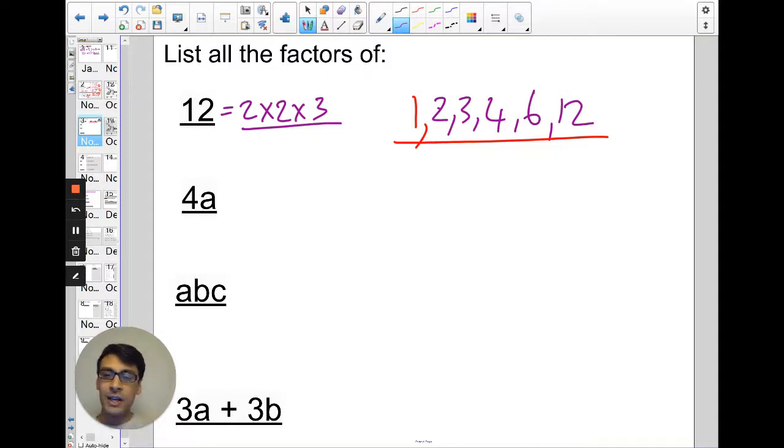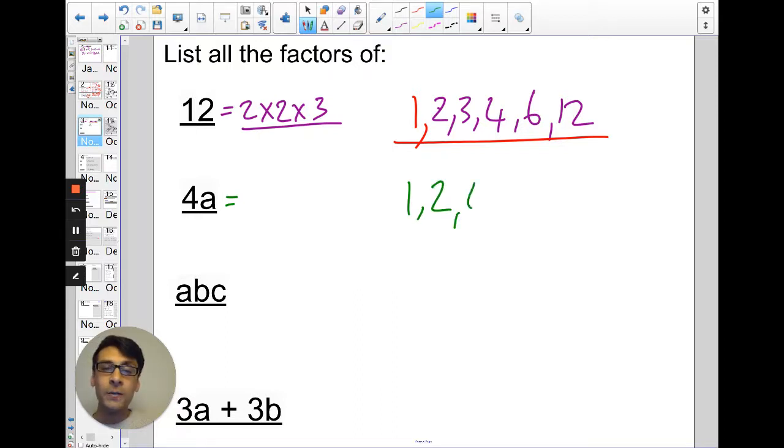Okay, so the next question, 4A. What you should have gotten here. This one's a bit harder, because we need to think about what numbers we can make. Can we use numbers and terms this time? We've got A's in there. Well, we know that 1 will go into it. We know that 2 goes into 4.